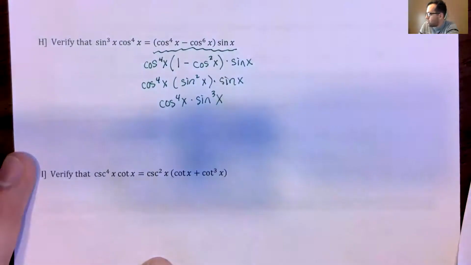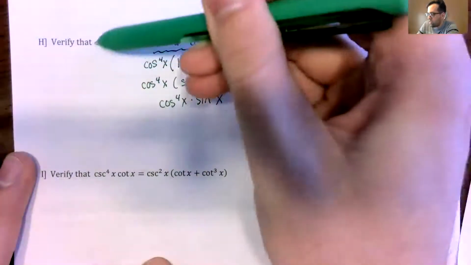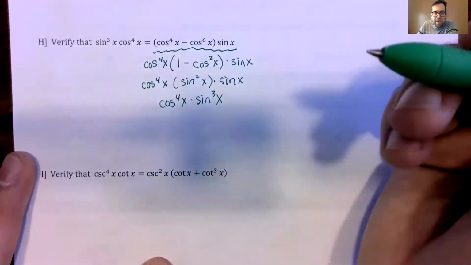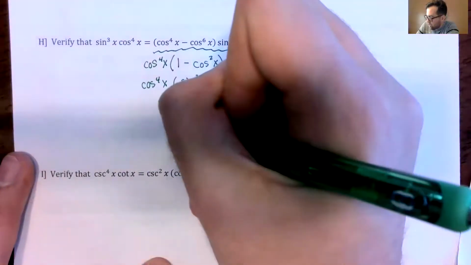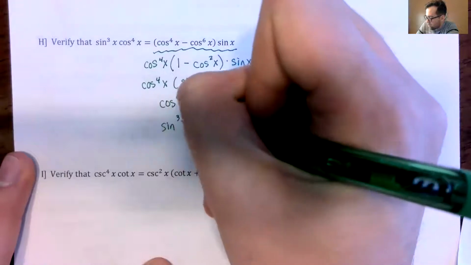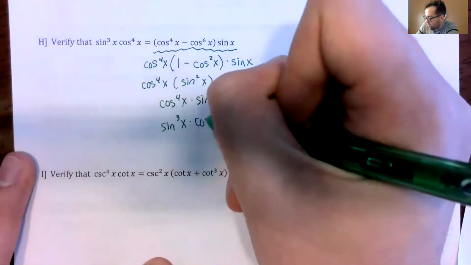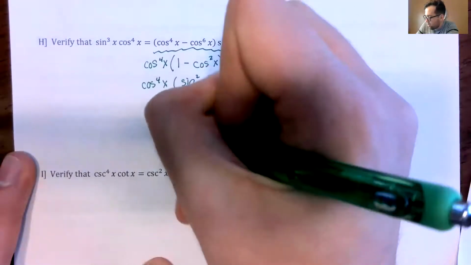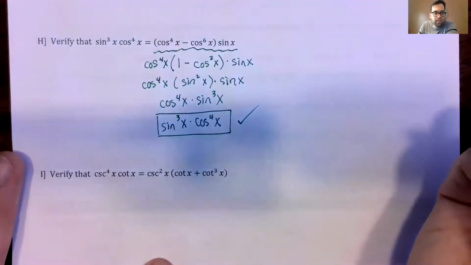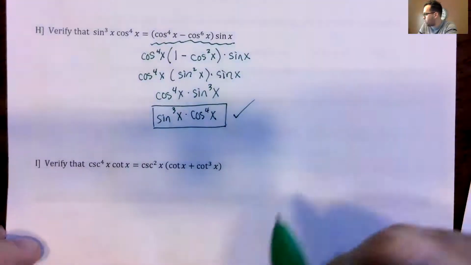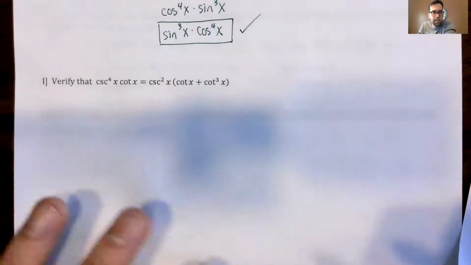And the last thing I'm going to do is just switch the order so that it looks the same exact layout as the way that the initial question was given. And then when I'm multiplying, I can switch the order and nothing bad happens. So that should be fine. So there we go. Check. We did it.